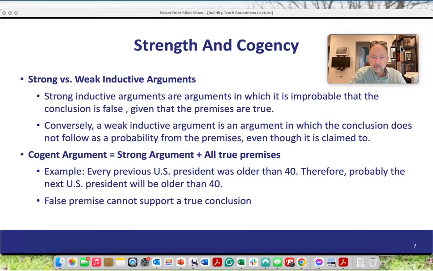Okay, so in inductive arguments, rather than talking about validity and invalidity, we talk about cogent and non-cogent arguments, right? We talk about strong versus weak. Remember, inductive arguments are arguments that are probabilities, whereas deductive arguments are supposed to be statements of fact. Inductive arguments are most of the time the arguments we have.